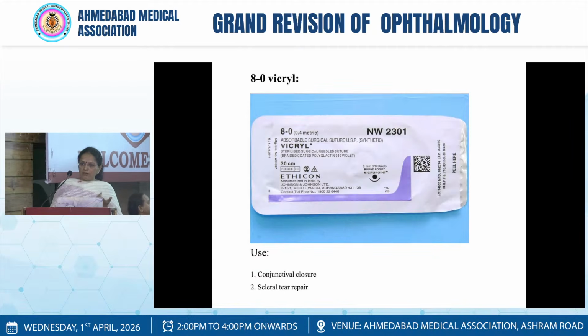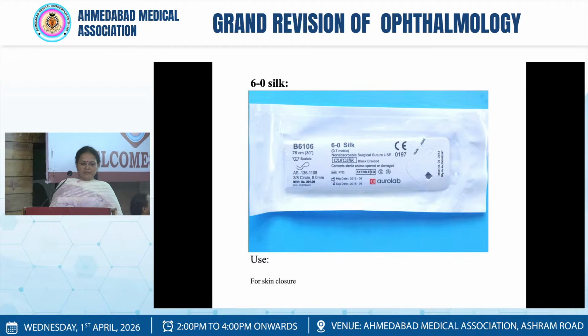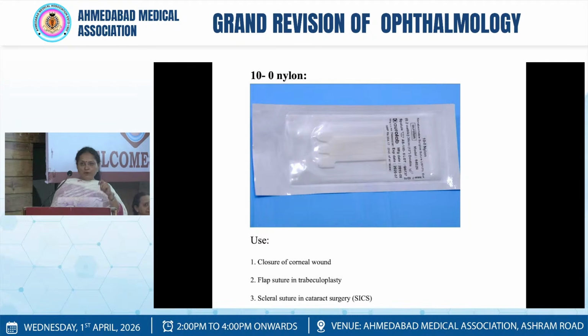Are they absorbable or non-absorbable? Absorbable. Then 4-0 silk, you have to pass the suture for the superior rectus or in the lid or the skin part. 6-0 for skin suturing, or you can use it for closing the ports in vitrectomy surgery.